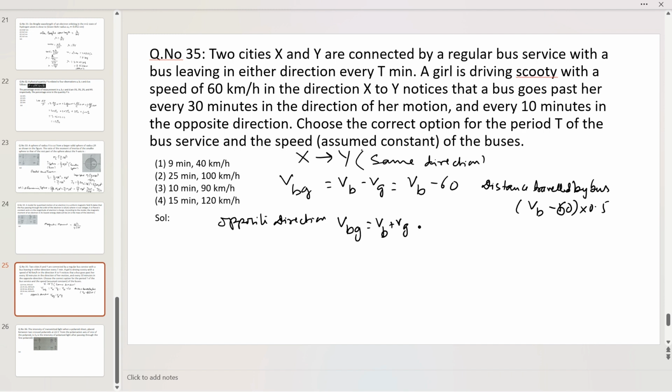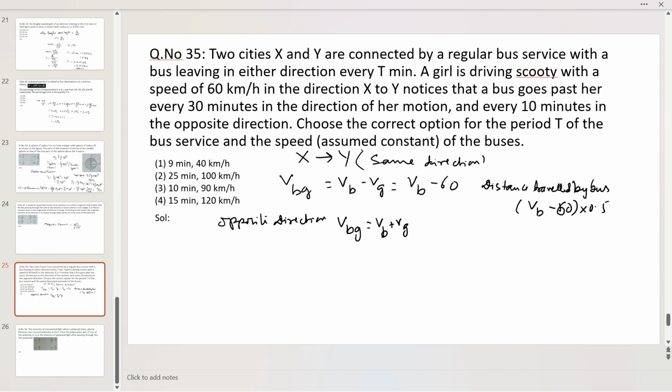In the opposite direction it is 10 minutes, in the same direction 30 minutes, 30 by 60 is 1 by 2, therefore it is 0.5 hour.